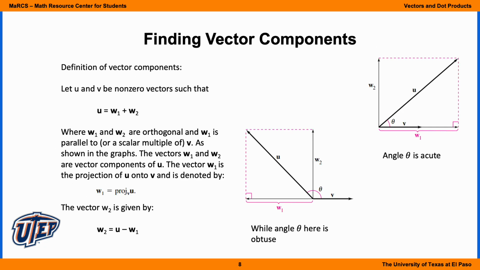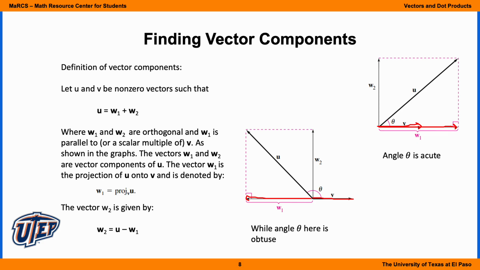If we let u and v be non-zero vectors such that u is equal to w1 plus w2, where w1 and w2 are orthogonal, and w1 is parallel to v, or a scalar multiple of v. So we see right here we have v, and w1 is parallel to v, or a scalar multiple.